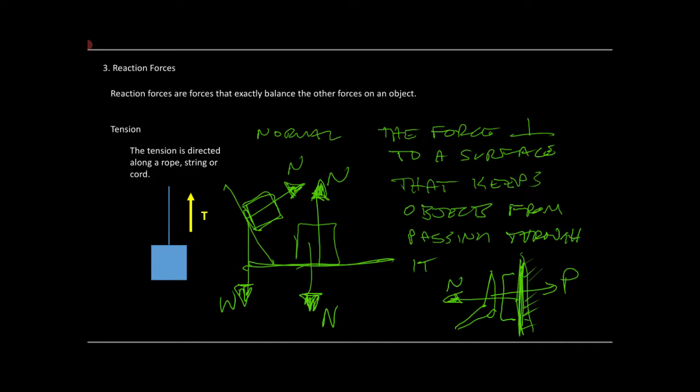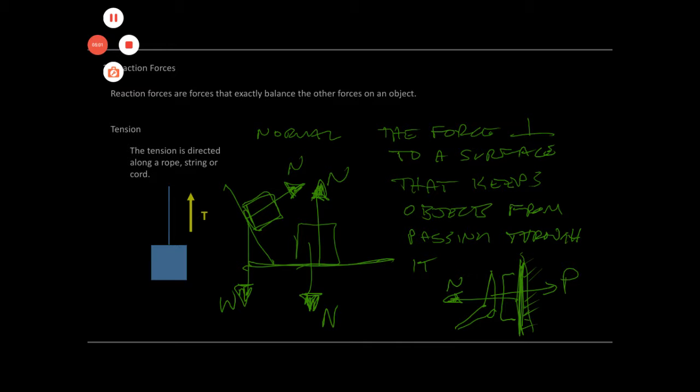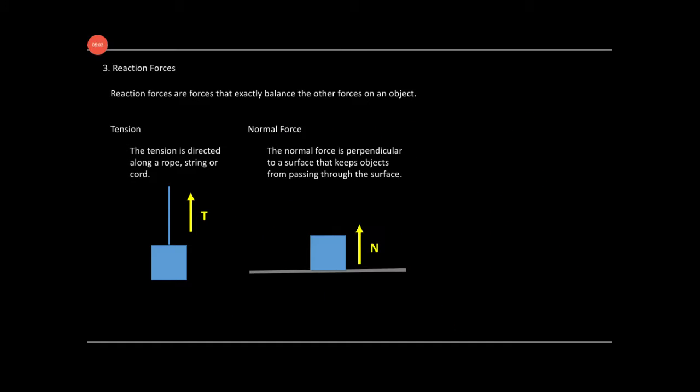And finally, we have static friction. This is the opposite, or the perpendicular thing. This is also on a surface, but this is the thing that keeps things from sliding. So static friction keeps objects from sliding along a surface.